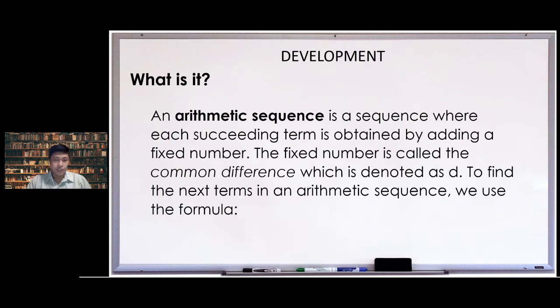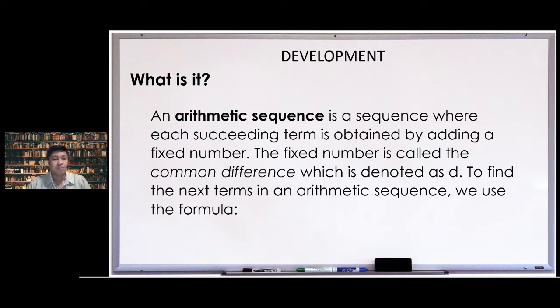An arithmetic sequence is a sequence where each succeeding term is obtained by adding a fixed number. The fixed number is called the common difference, which is denoted by d.